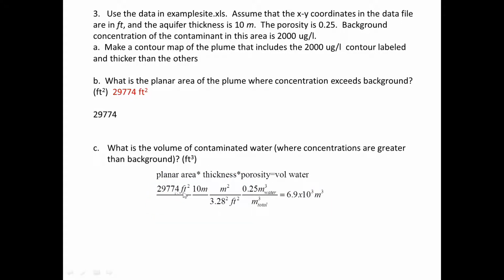It's that many square feet times the thickness times porosity, and then this factor here is just to get the units to work out. So feet squared total cancels with feet squared total. There's meters cubed total, cancels with that, and we end up with cubic meters of water, that many cubic meters of water. Okay, so we've answered that question.